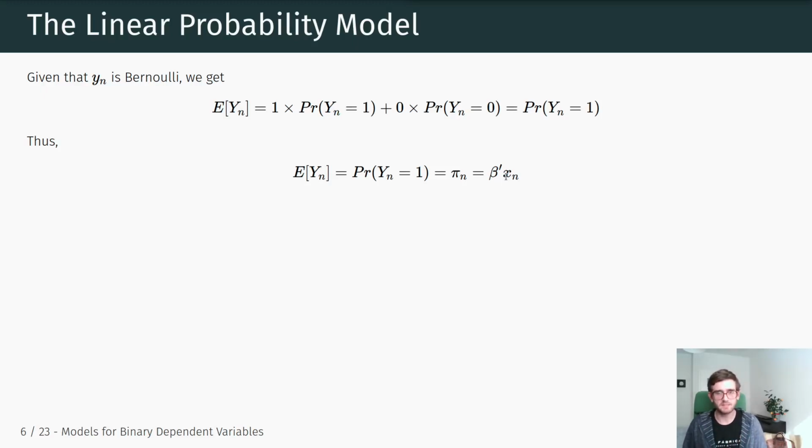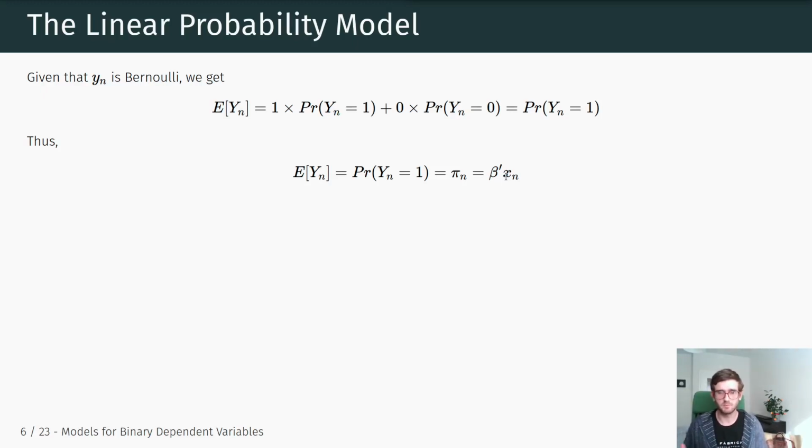And on the one hand, this gives the linear probability model the advantage of being very easily interpretable, okay. We can directly interpret the coefficients on the probability scale, so to speak, in terms of changes in probabilities, okay.